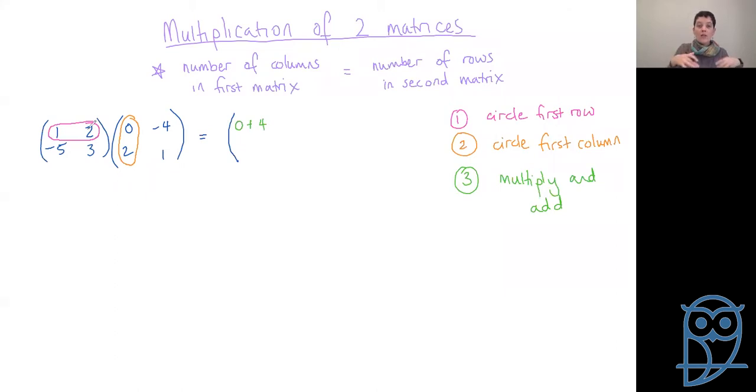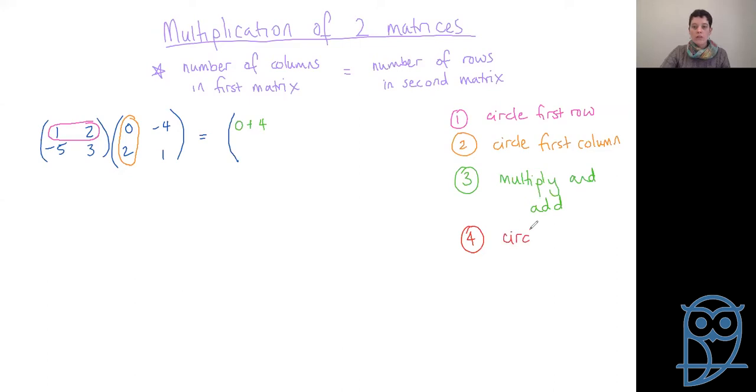So we take the first number in our circle and multiply each of them. Then we're going to add the multiplication of the second number in each circle.